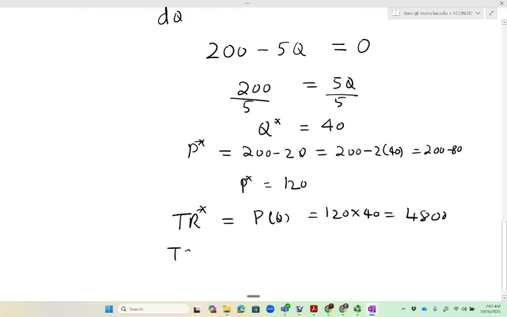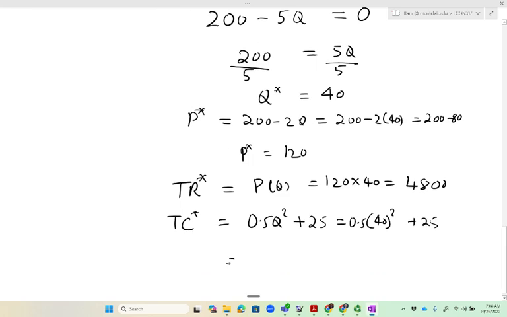We also know the total cost. It is 0.5q square plus 25. So 0.5 times square of 40 plus 25. I can simplify 0.5 times 1600, that is square of 40, plus 25.